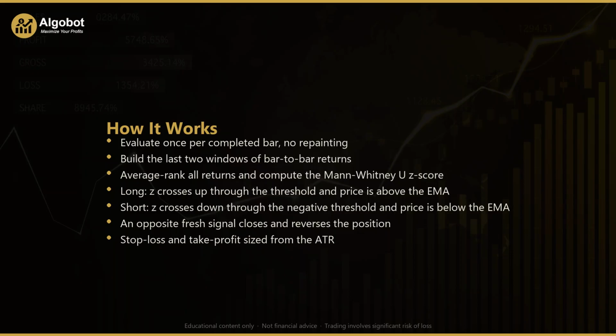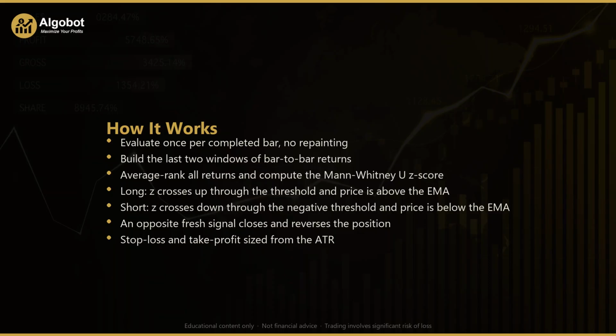The expert advisor only evaluates on a completed bar, checking once per new bar so that nothing repaints or changes after the fact. On each new bar, it looks back over the most recent returns and splits them into two equal windows. The size of each window is set by the window parameter, which defaults to 20, so the total sample compared is 40 returns. The first half is the older, prior regime, and the second half is the recent, emerging regime.